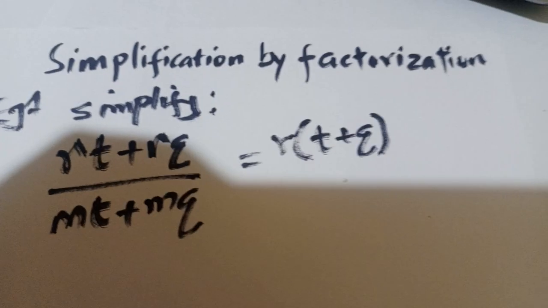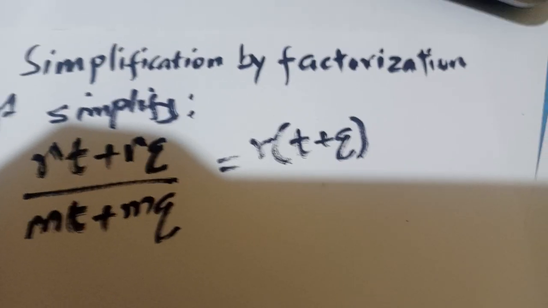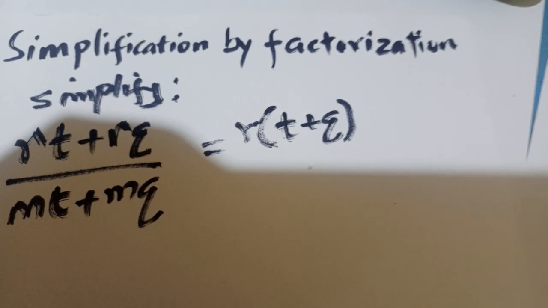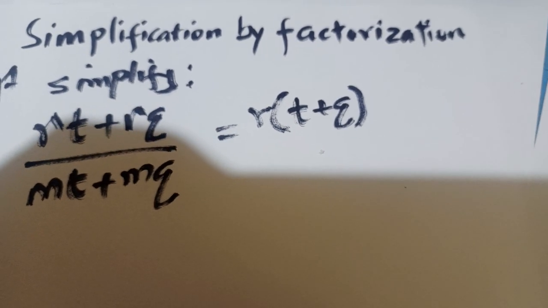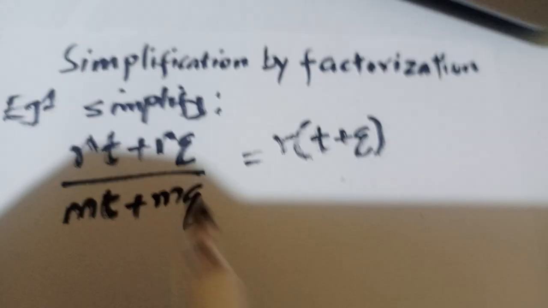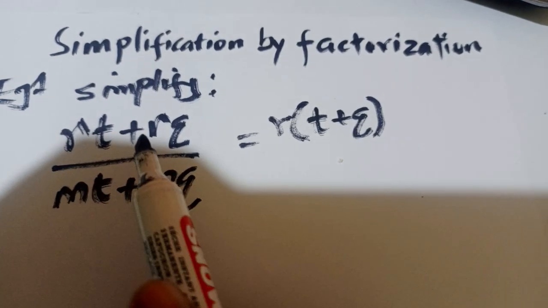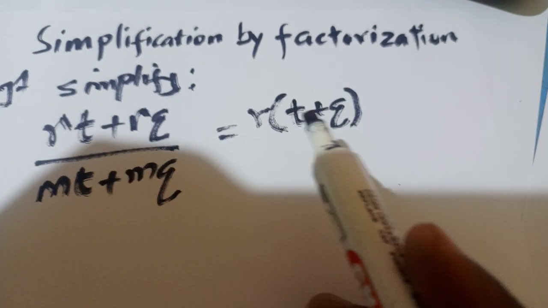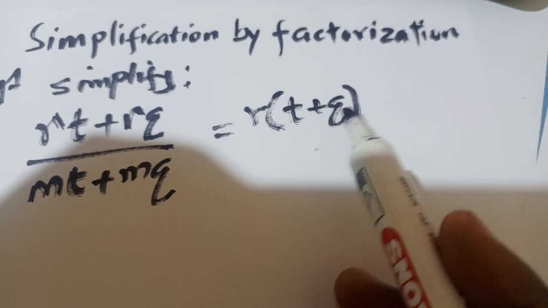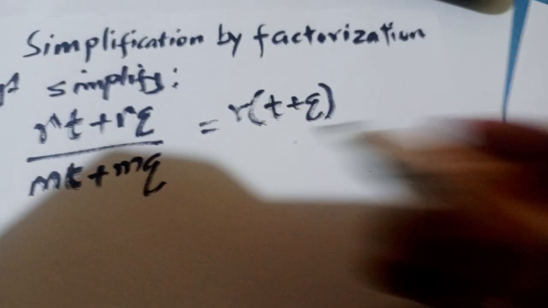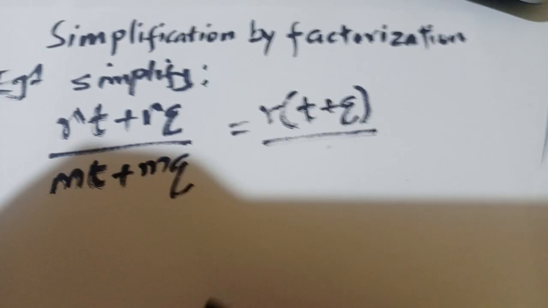Remember, the term factorization is actually a verb coming from the noun factor. So it actually means getting factors. So from here, the factors of RT plus RQ are R and T plus Q. Now we go to the denominator.